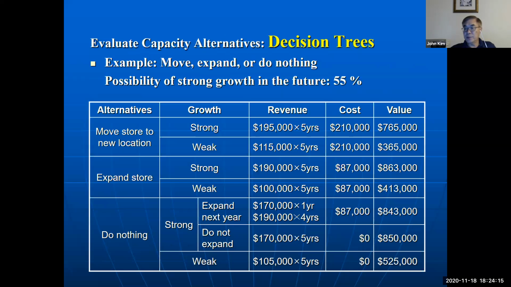So if we have information like this: the possibility of strong growth, good economic condition in the future, is 55%, and weak growth will be 45%, because the sum of chances should be 100%.